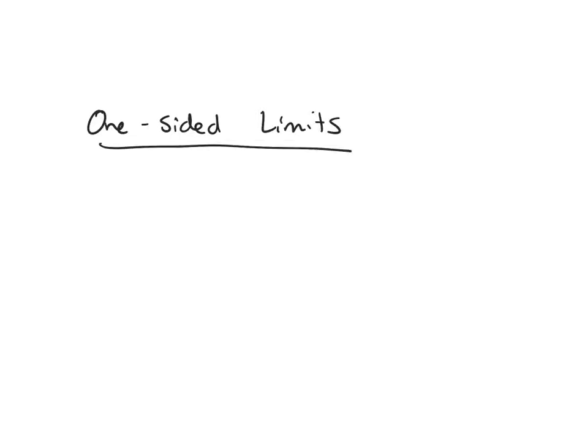So next we're going to talk about one-sided limits. I'm going to just start with the notation. The limit as x goes to c, and there'll be a plus here. When we write a plus, what we mean is we're taking the limit from the right.